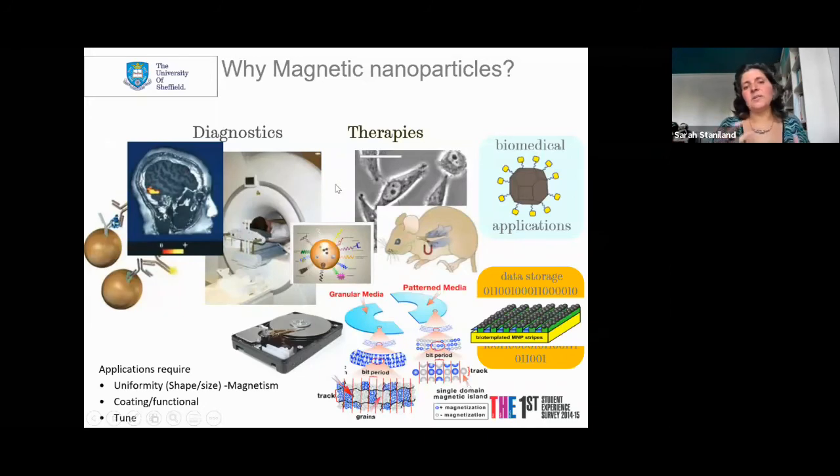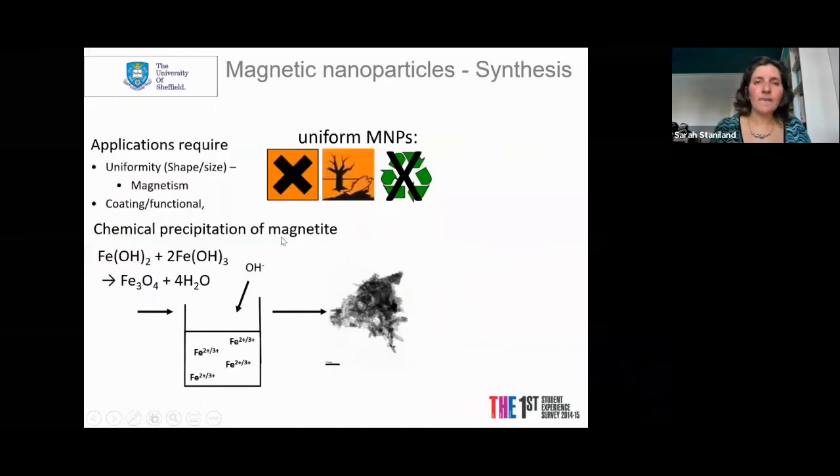The body will treat particles differently depending on their size and also their shape, and the effects of the therapy are very much dependent on whether a particle has points or is spherical. So those are really critical to be able to control. Also, coating and functionality is important. But in whatever application you want, you really want the ability to tune your particles.